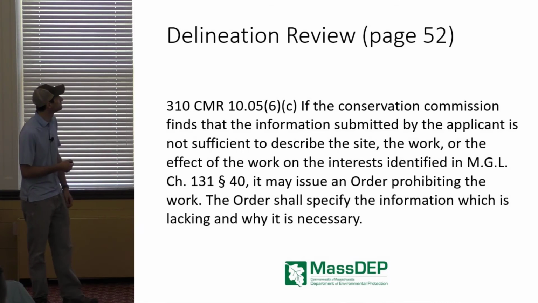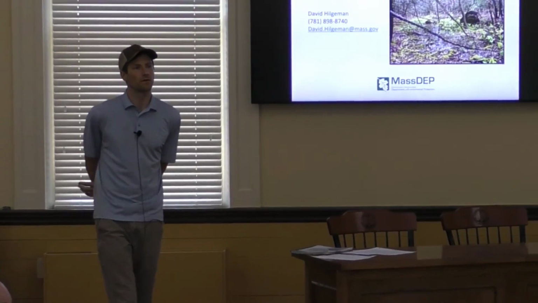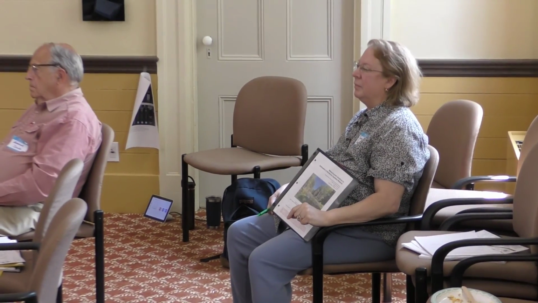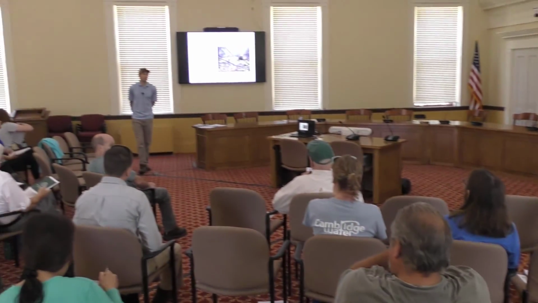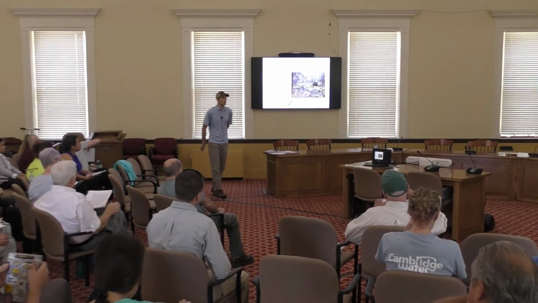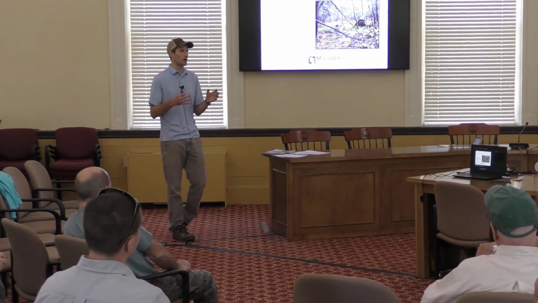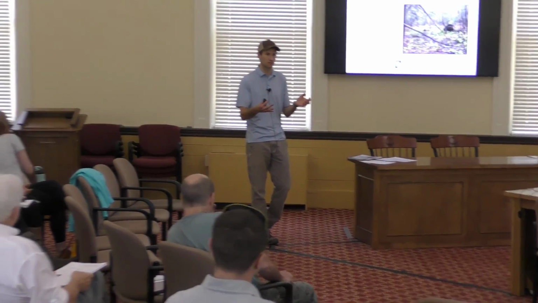Yeah, question? Just one question. Did you say it's accurate that commissions can require the determination forms? Delineation forms? Yes, the new determination forms. Yeah, so we recommend the use of them, but it doesn't preclude something else being submitted, right?